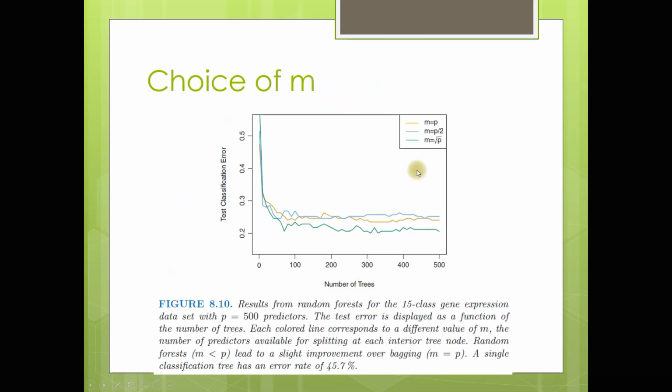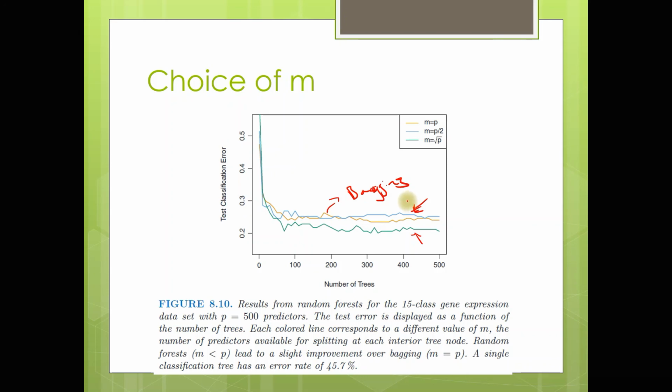Here we see, for example, the choice of M. When M is equal to P, you have the yellow line, and you see the classification error rate. The yellow line represents bagging, because you are considering all the predictor variables. However, the other lines, the green one and the blue one, are basically a random forest procedure which has been applied.